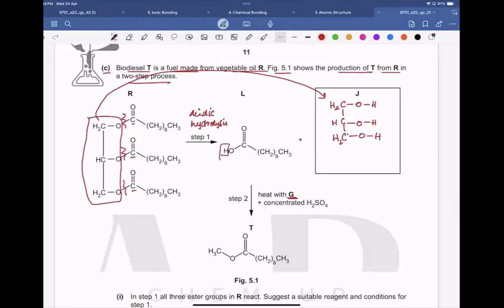This H is displaced by this CH3, and here it's an ester. So it clearly helps me identify that G is CH3OH, because OH from here and H from here are released, and this O got bonded over there with the carbon, and as a result, we got this. Is this understandable?